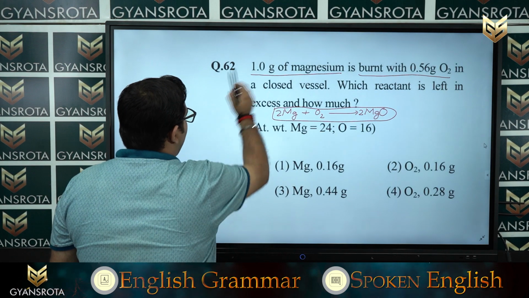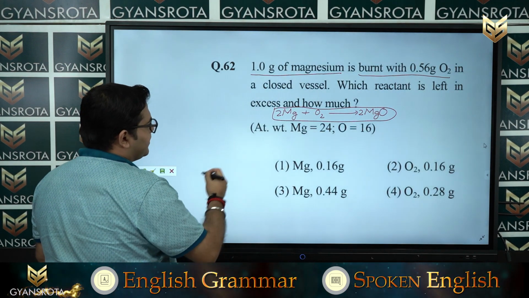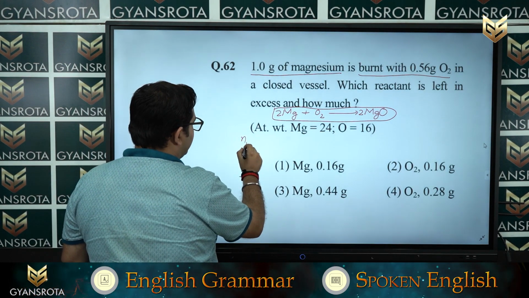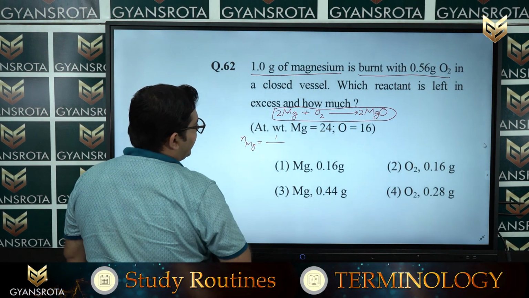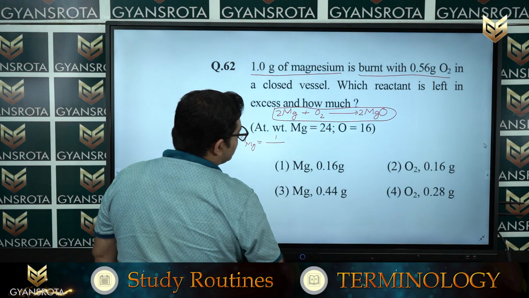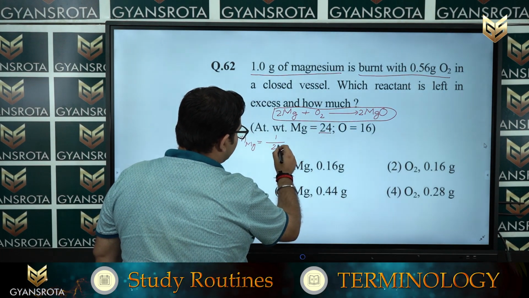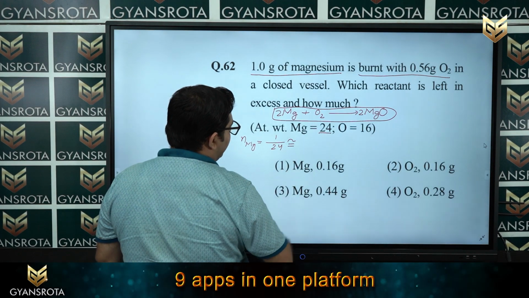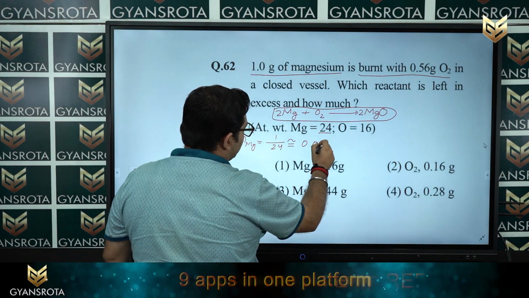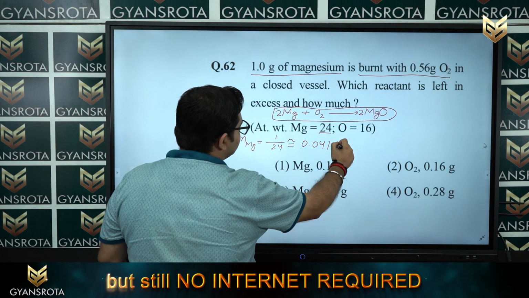First we have to convert it into moles. The number of moles of magnesium is equal to given weight divided by molecular weight. The molecular weight of magnesium is 24, and this value is approximately 0.041 mole.